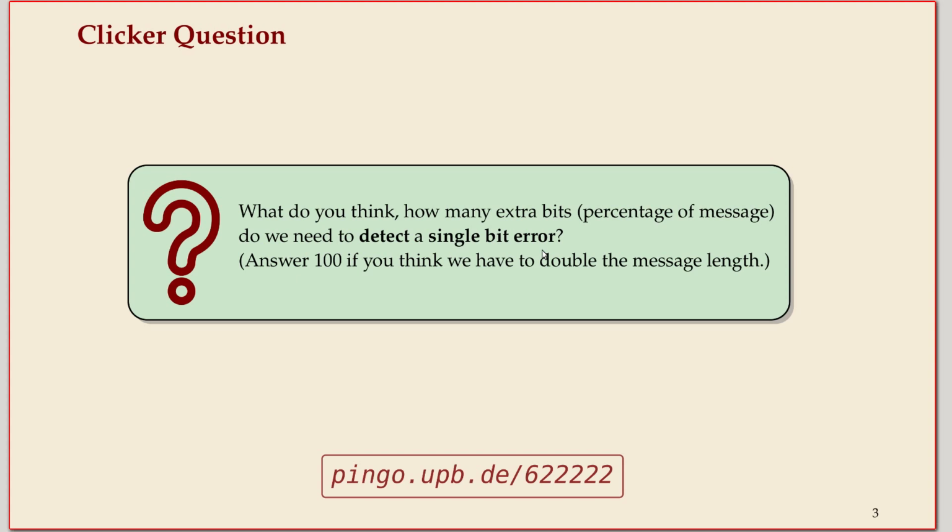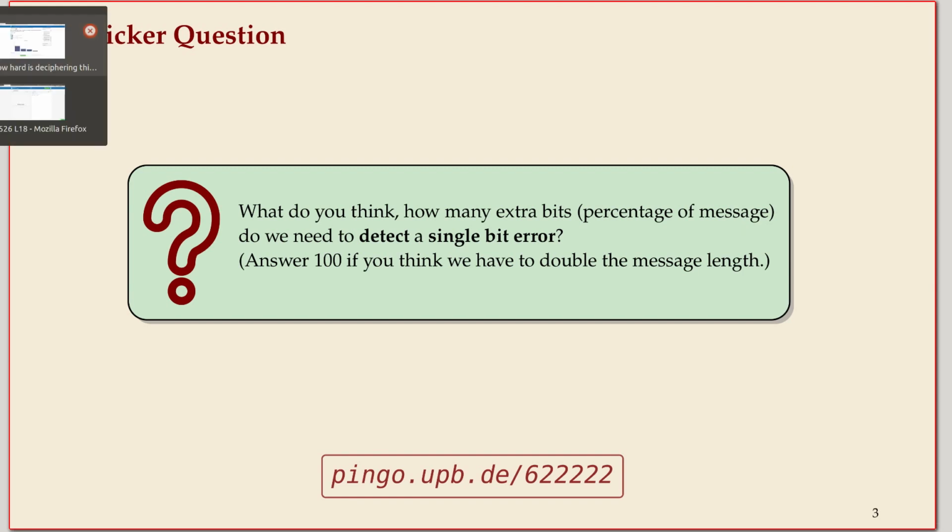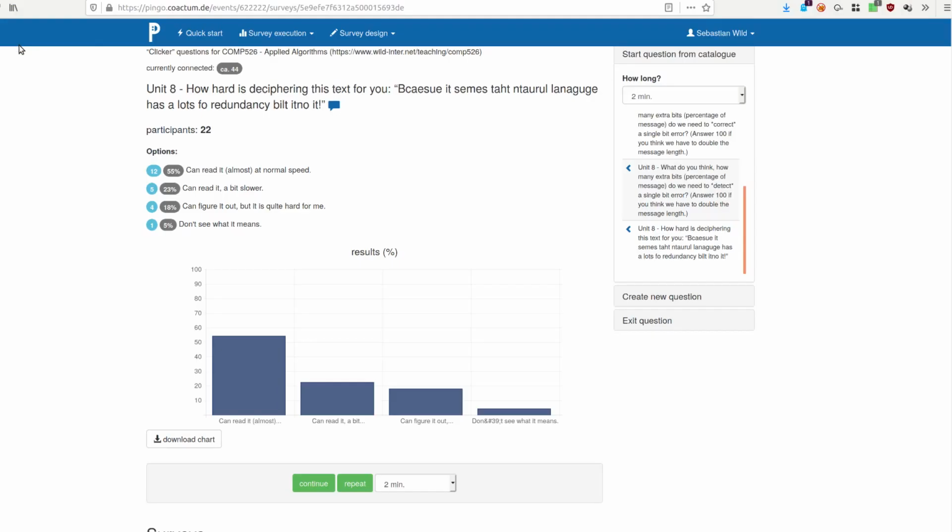What I mean by this is if there's more than a single error, I don't care if you can detect it. All right, so suppose there's only a single bit that got twisted. How many extra bits as a percentage of the message length do you have to add to make up for that?